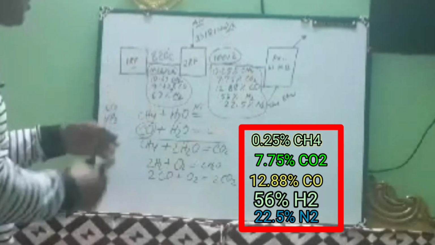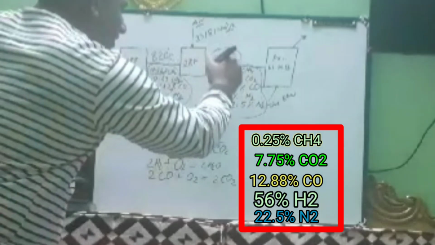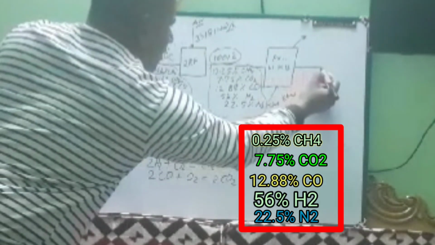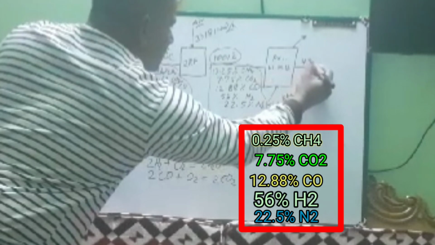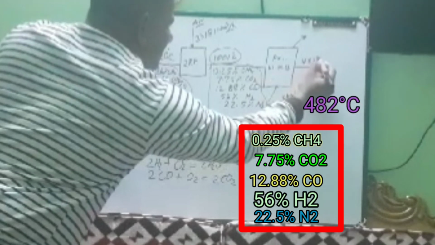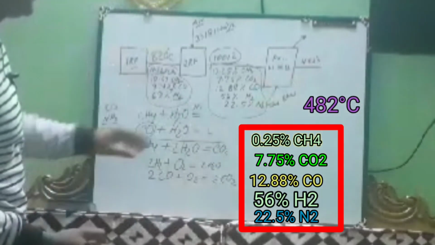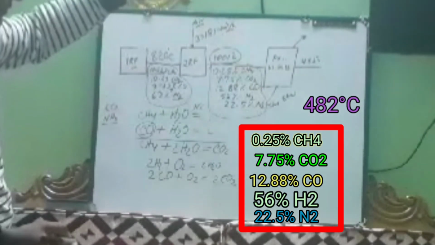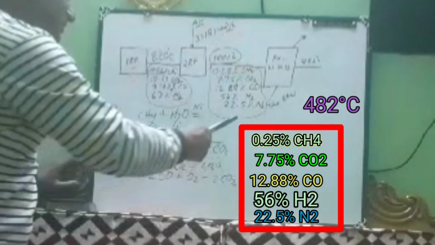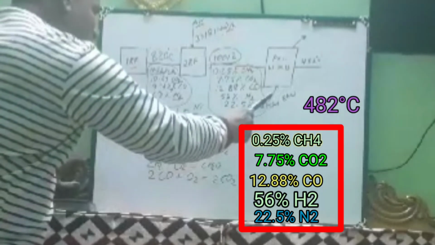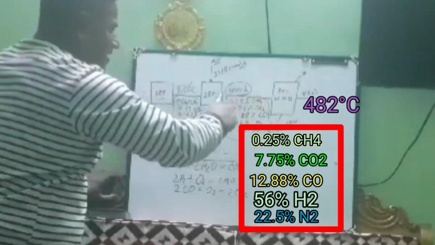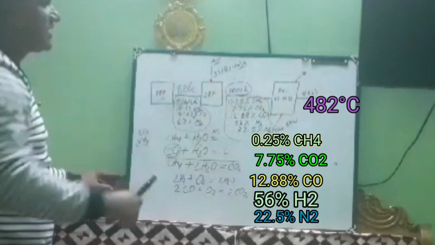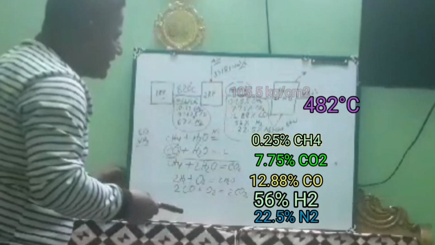By this counter contact, the process flow temperature will come down to around 482 degrees centigrade. This boiler feed water comes from the steam drum, goes to the tube side of the primary waste heat boiler, and then goes out and again back to the steam drum for producing steam.